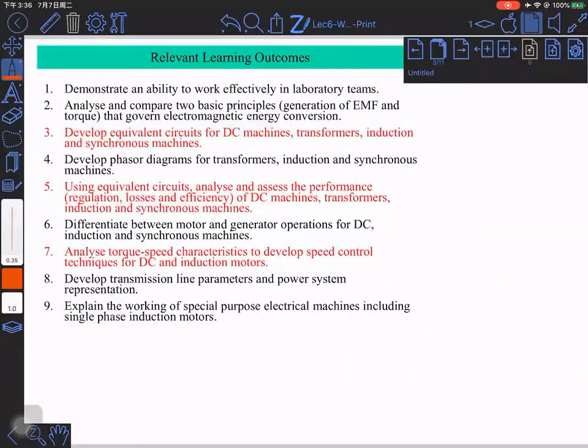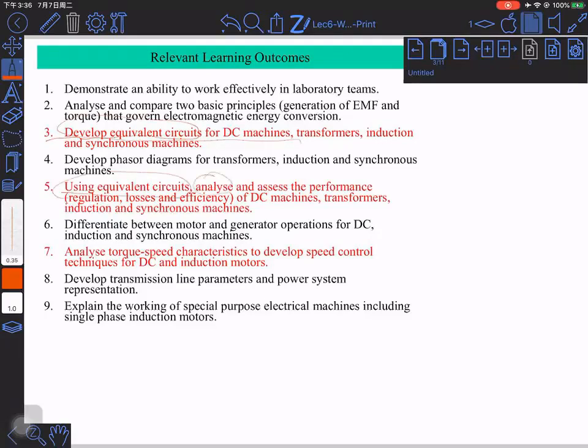Okay, the expected learning outcomes are still the same as before, because for the previous lecture, this lecture, and the next lecture, we are basically learning contents that can help us develop an equivalent circuit for the DC machine and help us use the equivalent circuit to do some analysis.